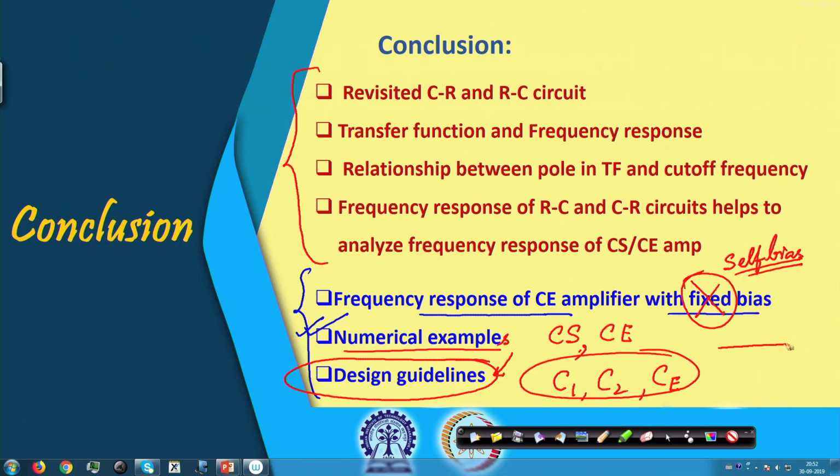So that the mid frequency range is sufficiently wide, as we said, the upper cutoff is in the order of roughly 50 kilohertz, and the lower cutoff is in the range of maybe tens of hertz. That gives us an amplifier which is definitely suitable for audio applications.